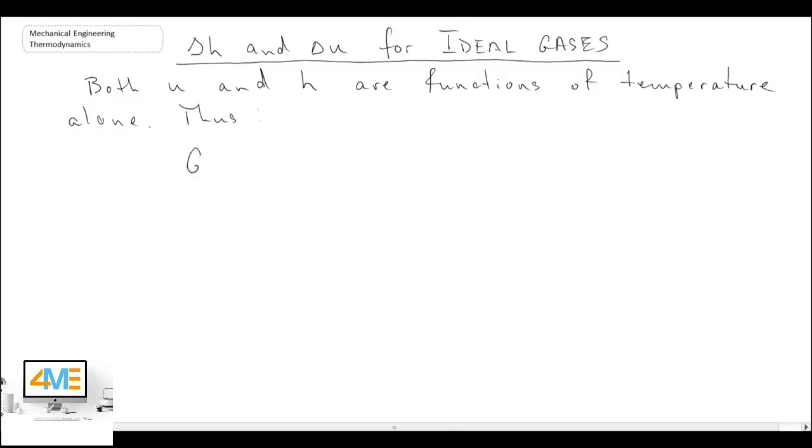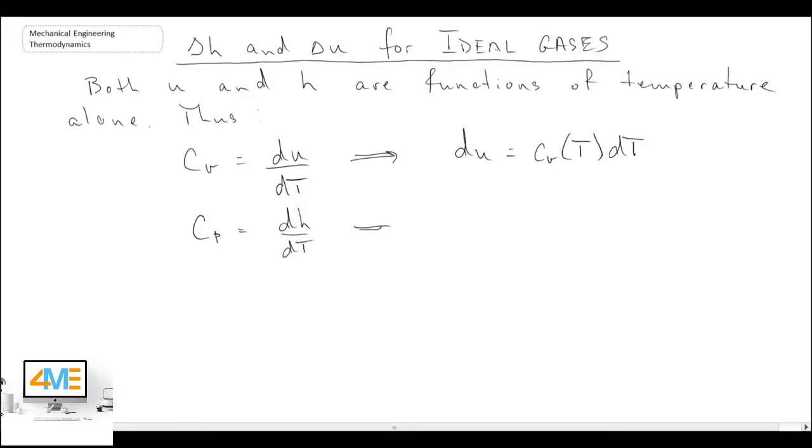And so what we can write, we can change the partial derivative that we had earlier into a total derivative.